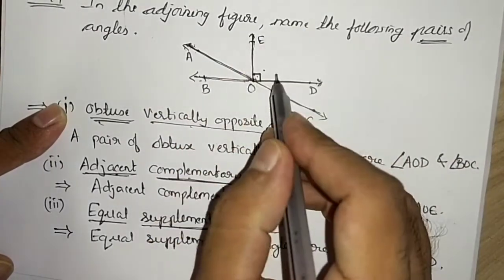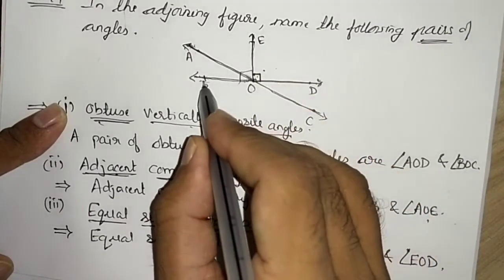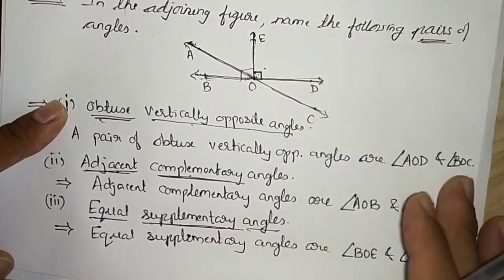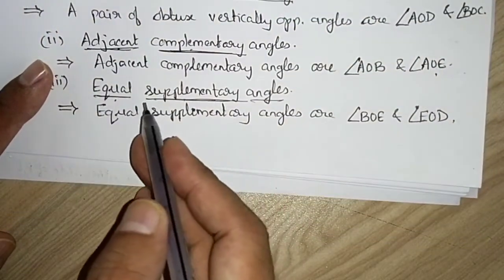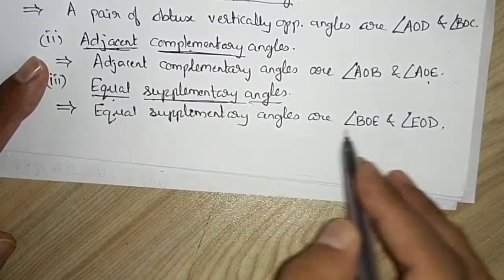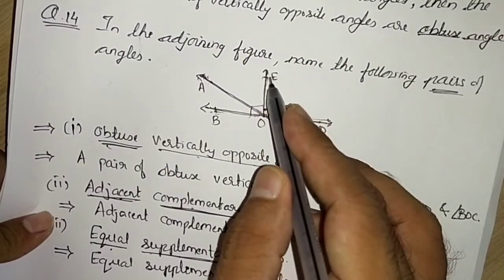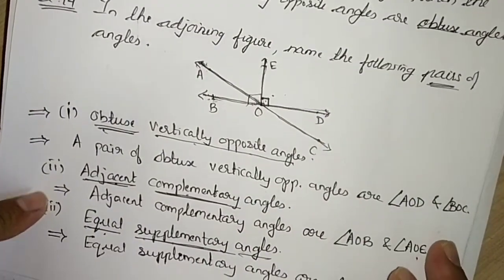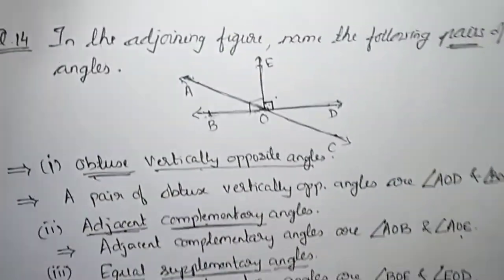So they are equal, and together they form supplementary angles. So BOE and EOD are equal supplementary angles.